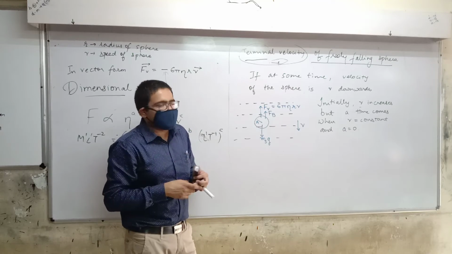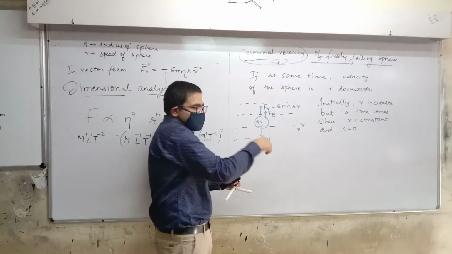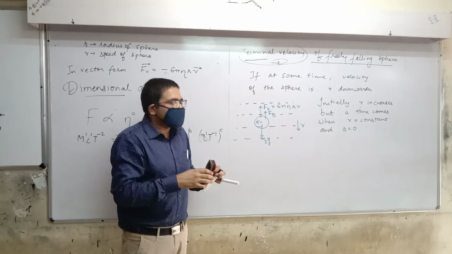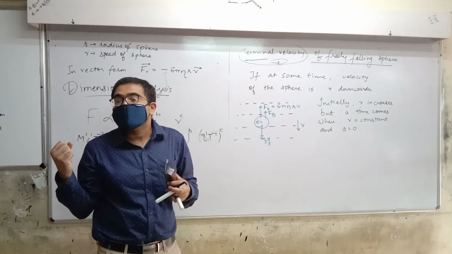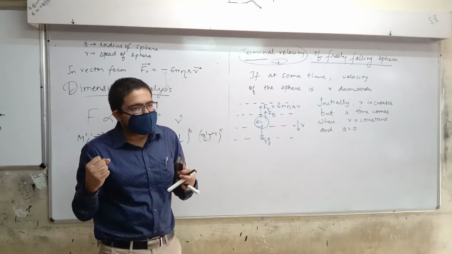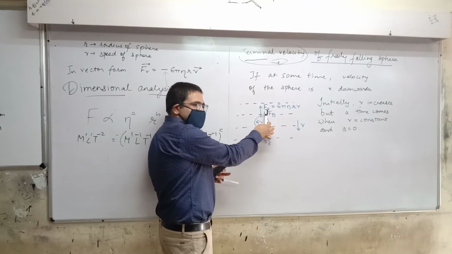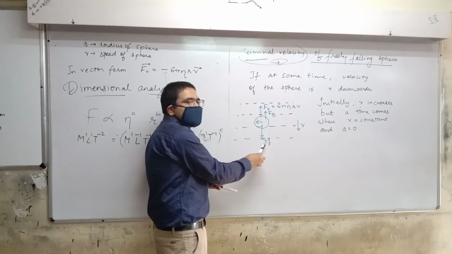I repeat the whole thing. At start, this is nearly 0. So only mg is important. So it will start pulling it down. So speed will start increasing. But as speed increases, Fv will start to get stronger. Make sense? Yes or no? A point will come where Fv will become so strong that Fv and Fb together will exactly cancel mg.